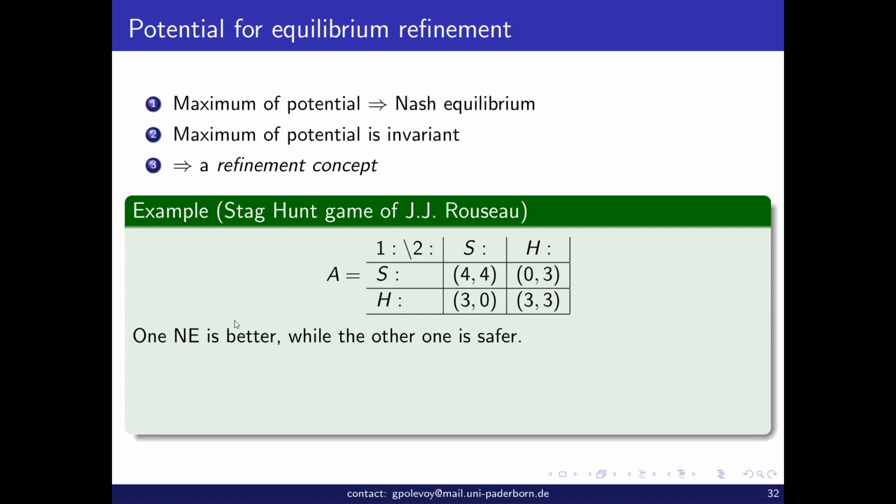Now it's important to notice that since all the potential functions, exact potential, I remind you, differ by a constant, then the maximum of potential is invariant of which potential function you choose. So it's well defined, the set of points which maximize the potential.